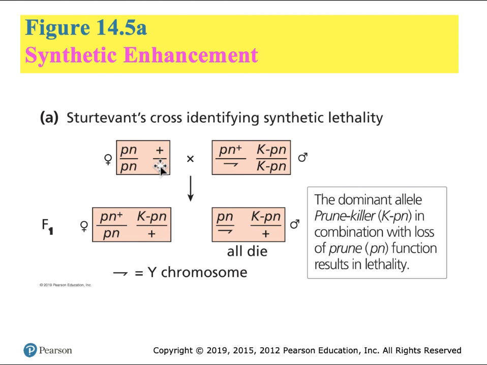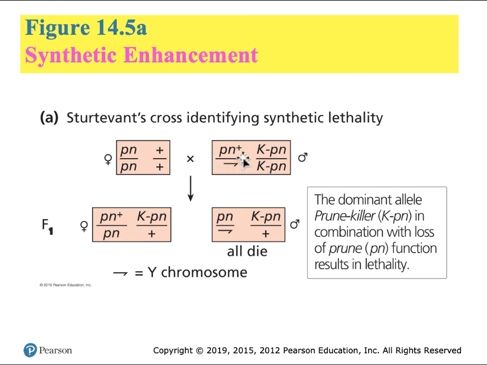So she's homozygous wild type for prune killer. On the other chromosome, and you can tell that's a separate chromosome because these two bars are separated from each other, on a different chromosome, a second gene is homozygous mutant, and this is the gene for the prune phenotype. She's mated with a male.